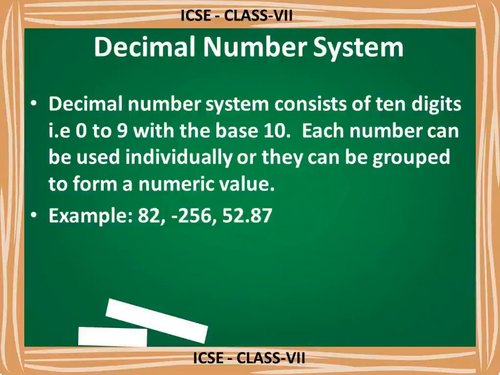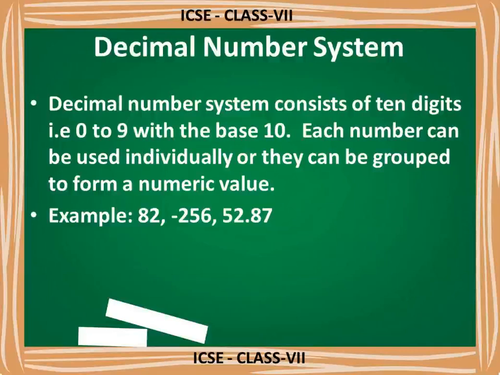There we have a total of 10 digits, 0 to 9, and each number can be written individually, or you can group the digits to form a number, like a 2 digit number, 3 digit number, or 4 digit number. Got it? Some examples are 82, 256, 52.87. These are some examples for the decimal number system. Totally it consists of 10 digits.